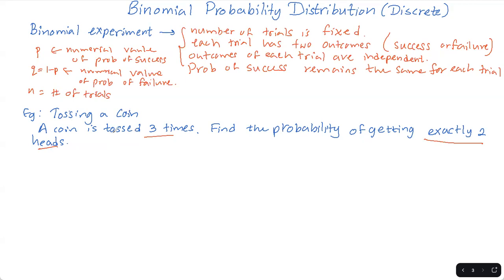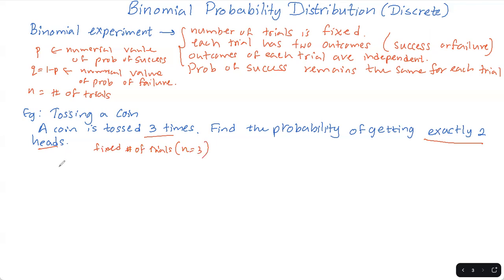Since we are going to toss 3 times, you have a fixed number of trials, right? So in this case, your n equals 3.